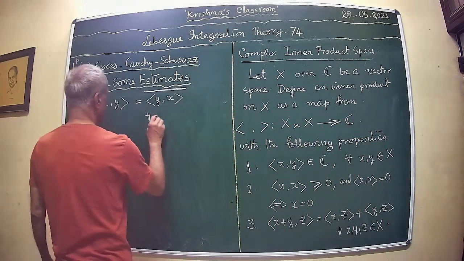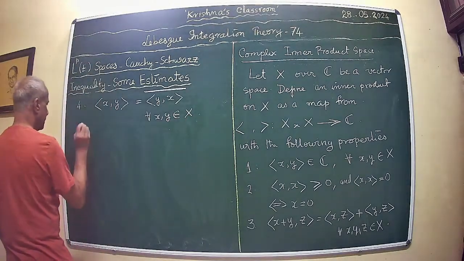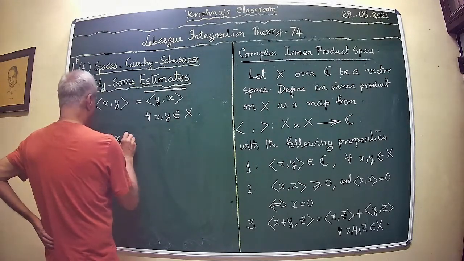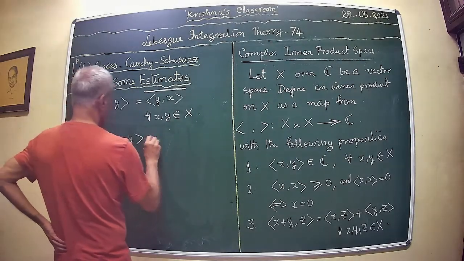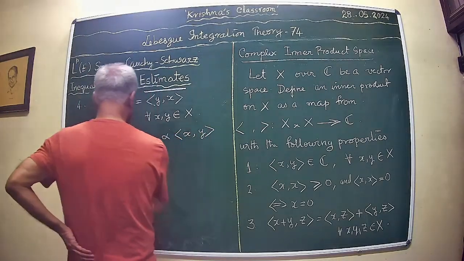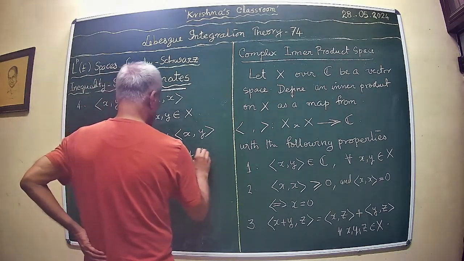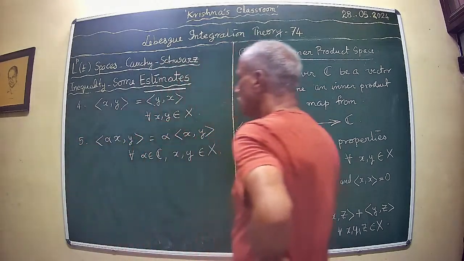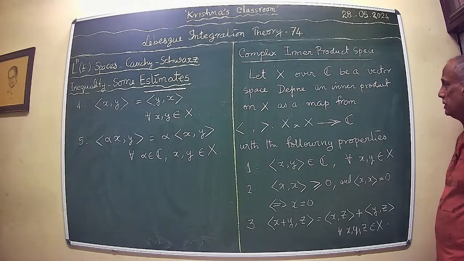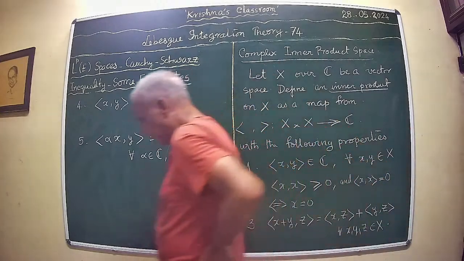For every... belonging to X. The point is... so these are the properties that are satisfied by the so-called complex inner product.